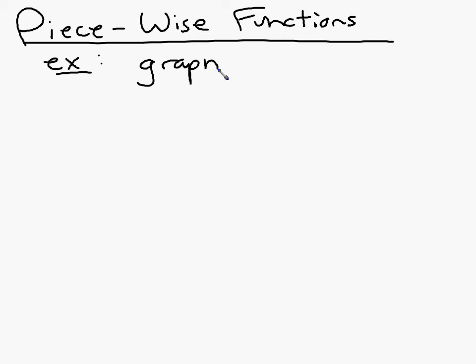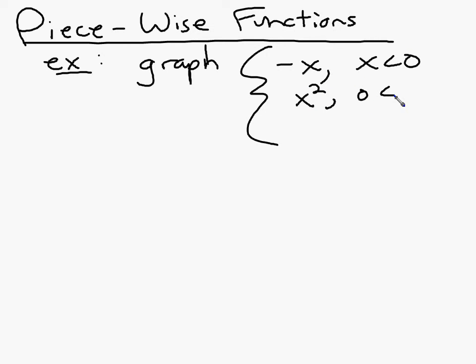Let's graph this piecewise function. Negative x for x less than 0, x squared for 0 is less than or equal to x is less than or equal to 1, and it's 1 for x greater than 1.